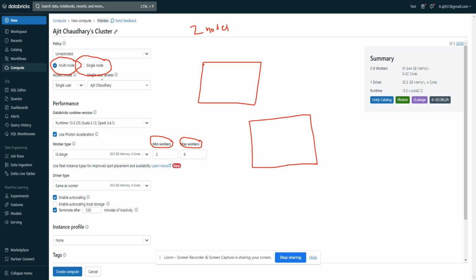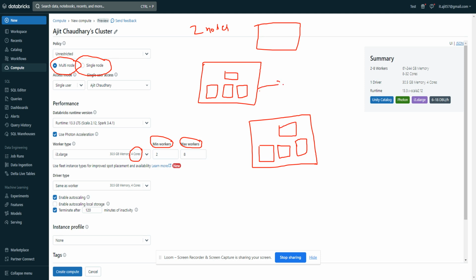Within two nodes we see four cores each. If we imagine a classroom, we have four students, one driver, and then one desk, two desks, within which there would be four students. This desk as a whole would mean a node.